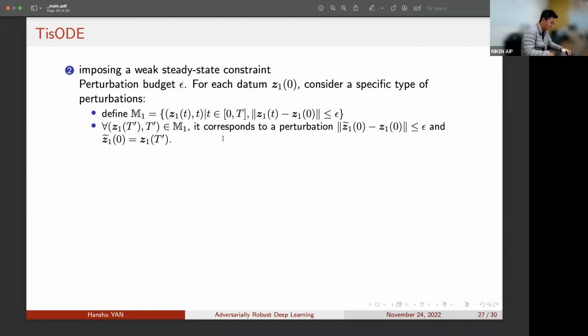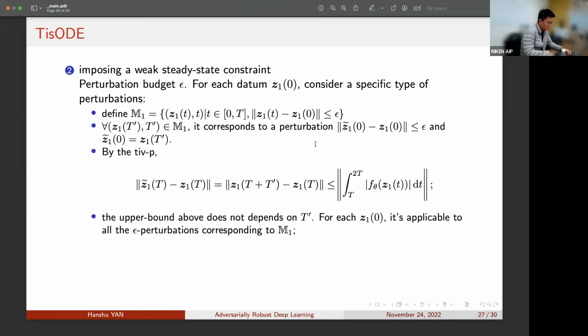at t prime. Then for this kind of perturbation, we know that the norm of the perturbation is smaller than epsilon, and this is what we are interested in. And so now we are interested in how large the difference is between the output of tilde z1 and the original data z1.